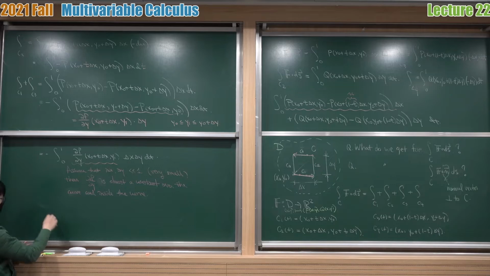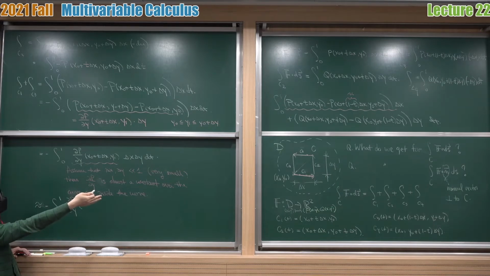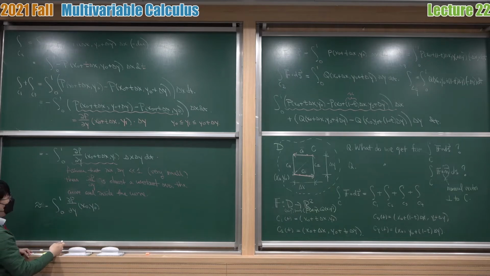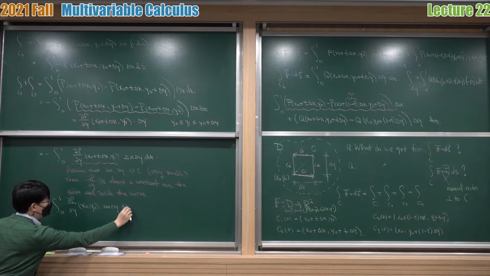So then what? Then this is almost equal to minus the integration from 0 to 1 of delta p, delta y at any point inside of this curve C. So I'm going to pick a fixed point, x0, y0, because it's almost equal, and then delta x, delta y dt.